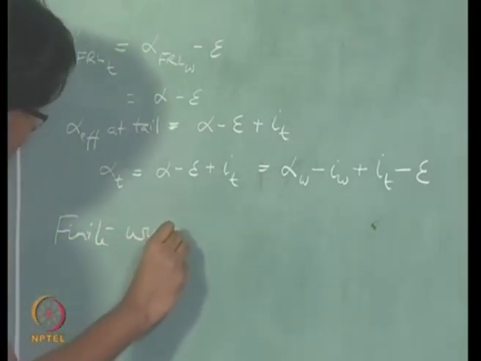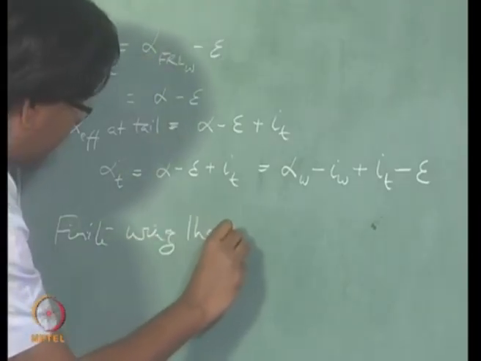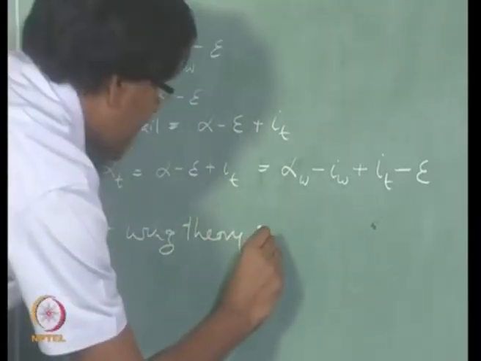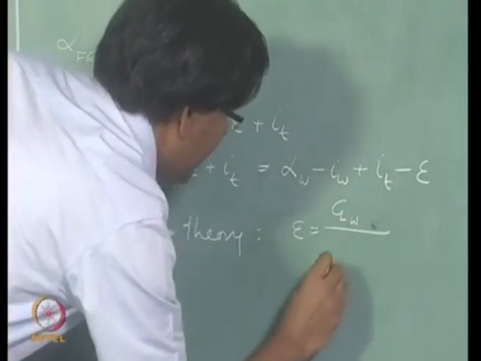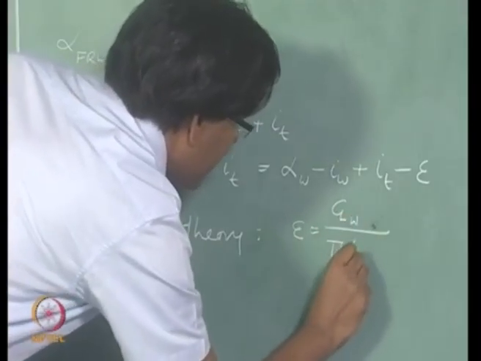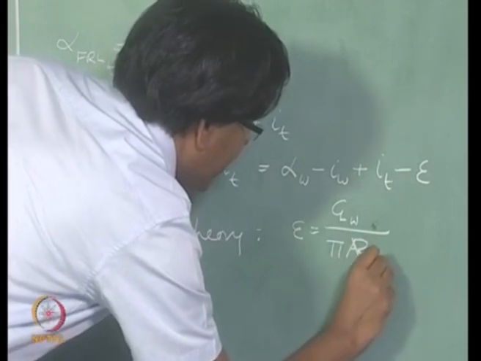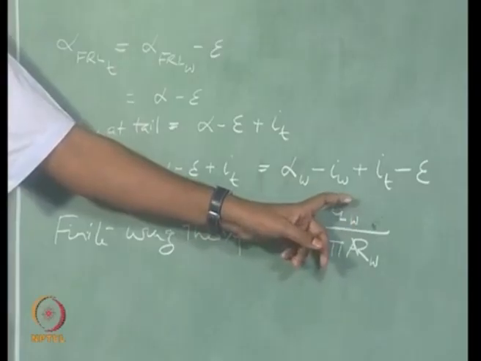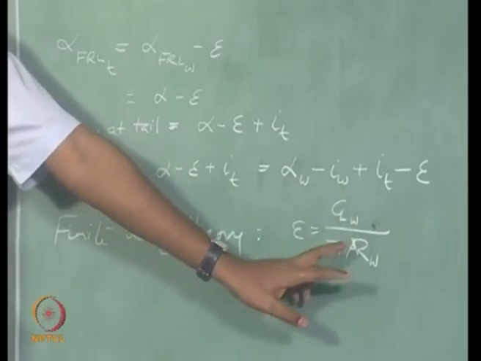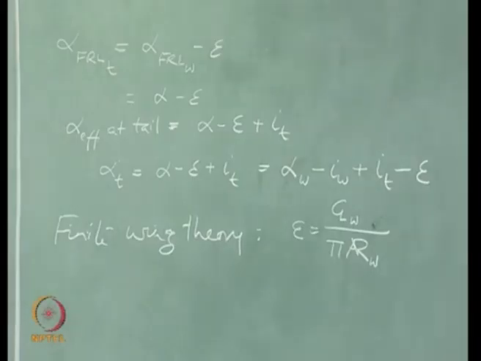So there the finite wing theory gives you an expression for this epsilon, which is CLW, lift coefficient of the wing, over pi into aspect ratio of the wing, okay.